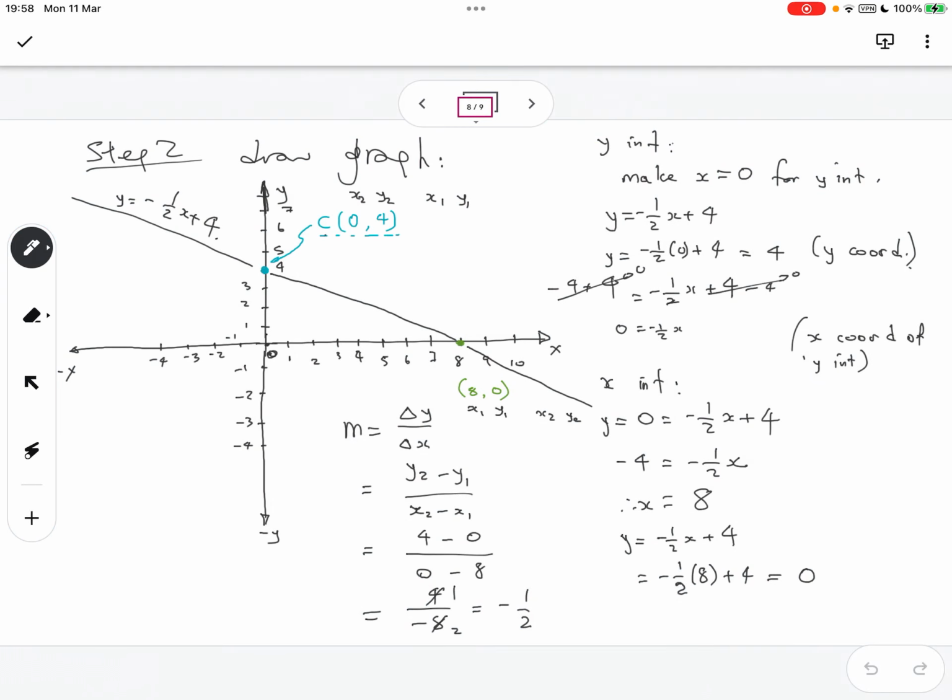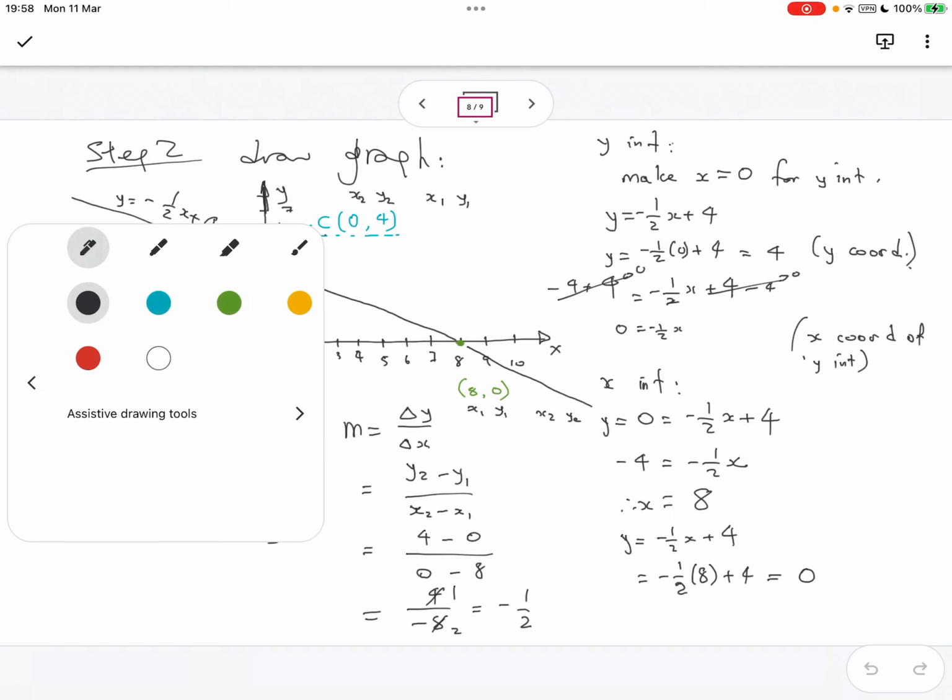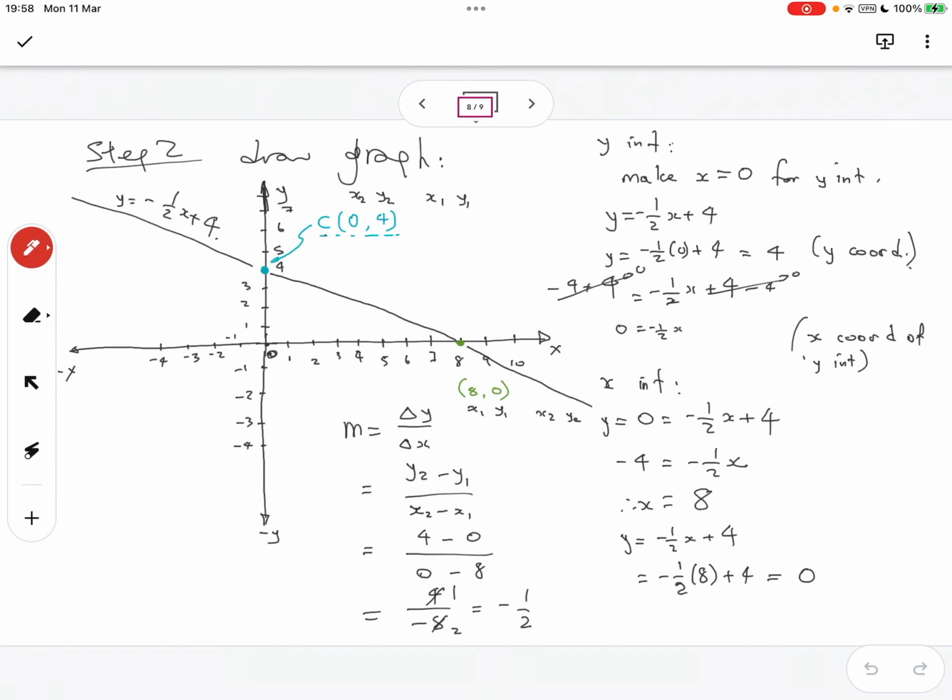The gradient is negative a half because every time the graph goes down once, we go across twice, and we land somewhere there.